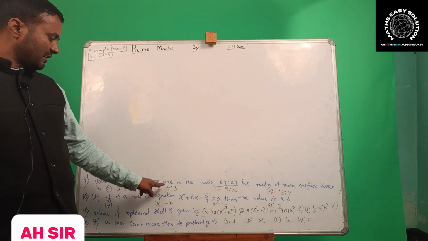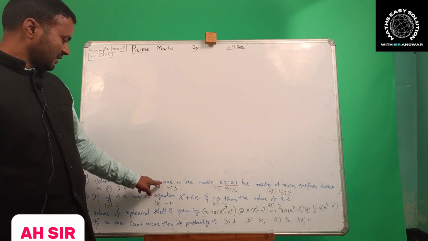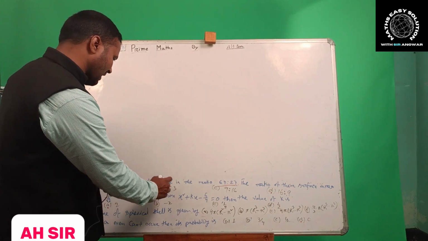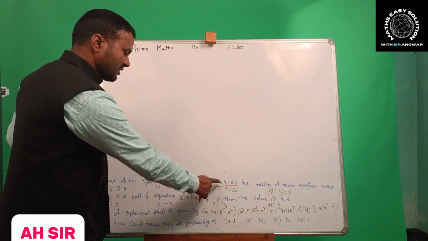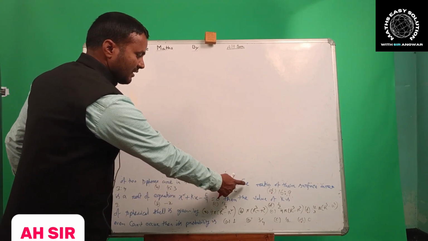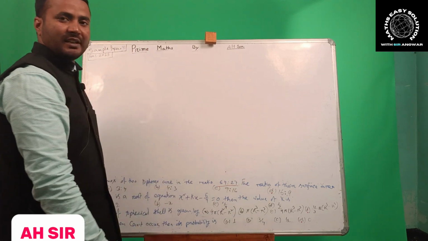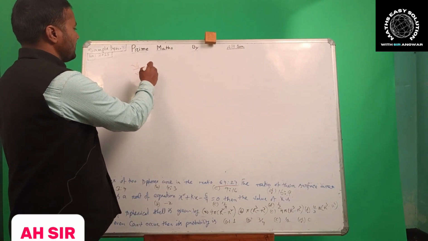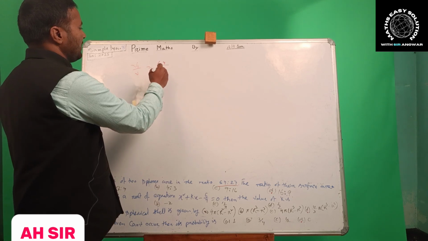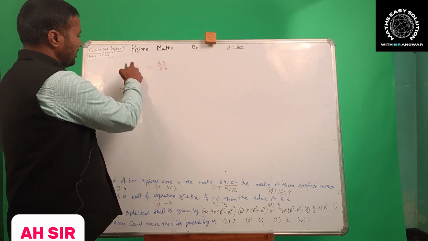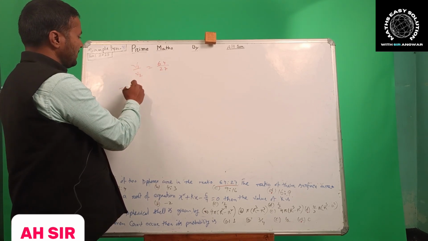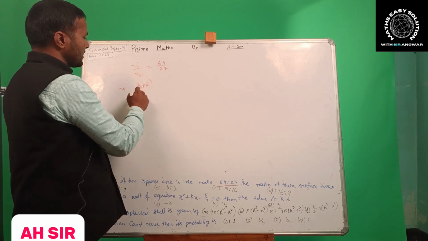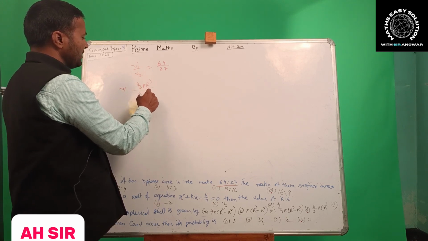Next question, question number 9. Volumes of two spheres are in the ratio 64:27. The ratio of their surface areas is. So volume is given 64 by 27. Volume of sphere formula is 4 by 3 pi r cube, and the second one also has the same formula, 4 by 3.